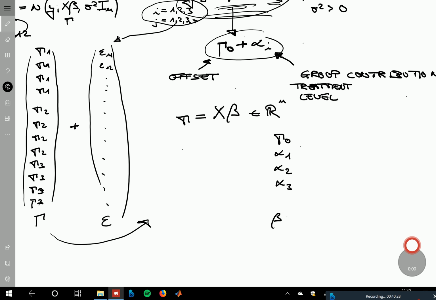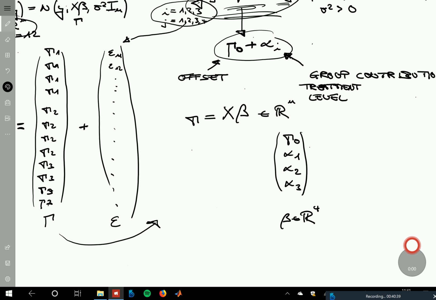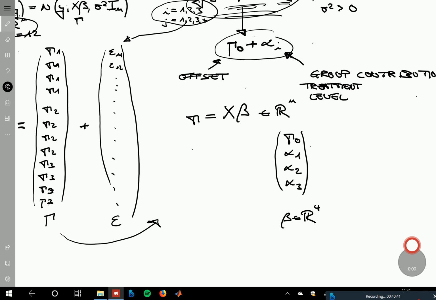That's our beta. And finally, we want to make sure that mu1 is mu0 plus alpha 1, mu2 is mu0 plus alpha 2, and mu3 is mu0 plus alpha 3.